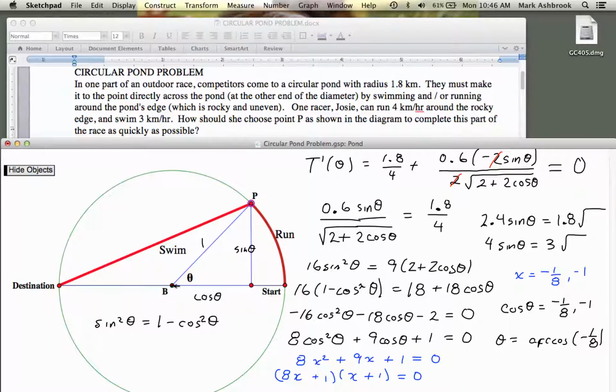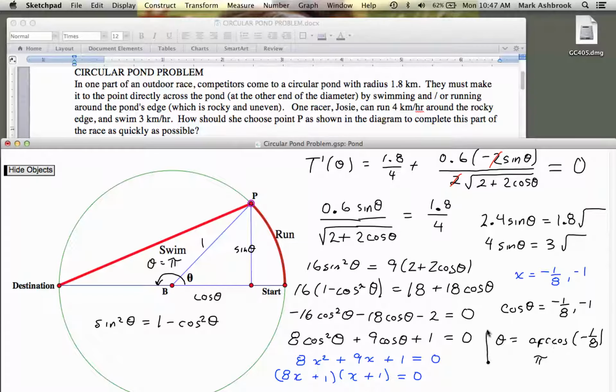Well, negative 1 would be the angle that puts you here on the circle, and that would be our angle of pi. Cosine of negative 1 means you're here, so it'd be this angle theta swept all the way around like this. And that's theta equals pi.